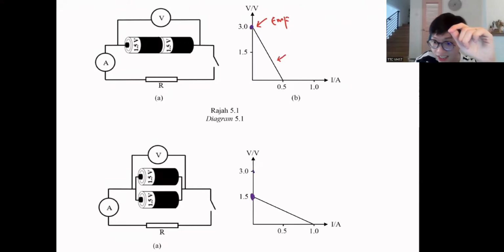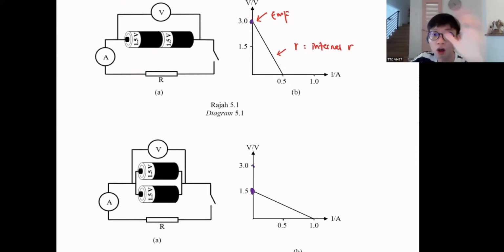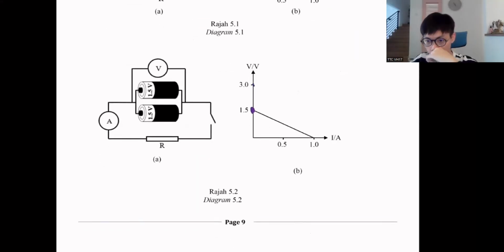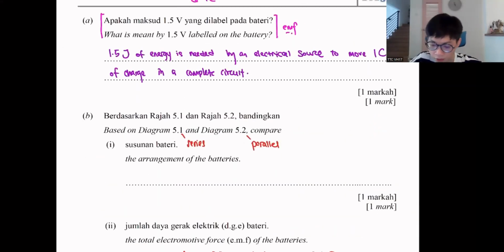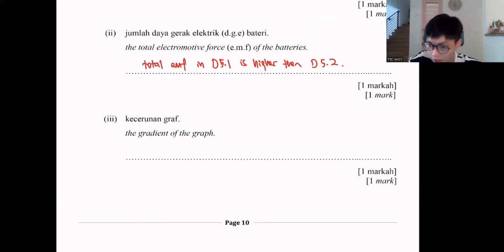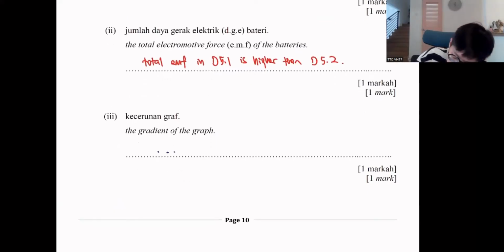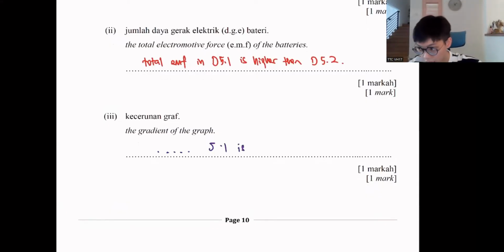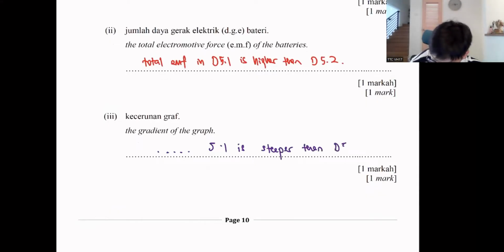Your gradient, to be specific, is called internal resistance. If you write resistance, it is confirmed wrong. You must say it's the internal resistance of the battery. That's the only acceptable answer. So if we compare the gradient, obviously you can say the gradient in 5.1 is steeper, greater than diagram 5.2.